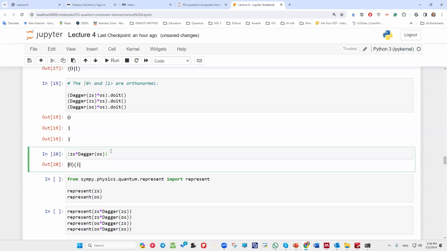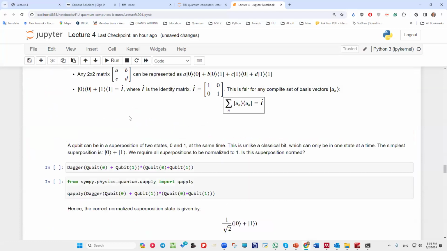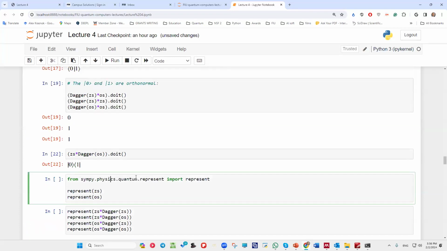If I want to enforce Python to return the result, I write doit, and it's supposed to return the result, which it does not, because I need to use qapply here. Yeah, this is a tricky point, so let me return to this a little bit later.